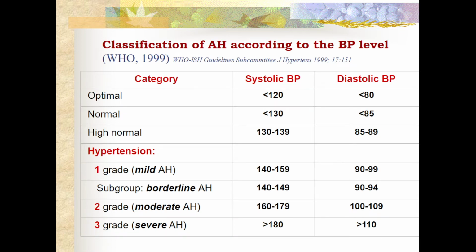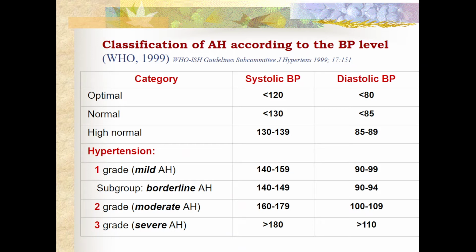Classification of arterial hypertension according to blood pressure level. Before discussion of arterial hypertension, we must remember about normal blood pressure and three main categories of normal blood pressure.